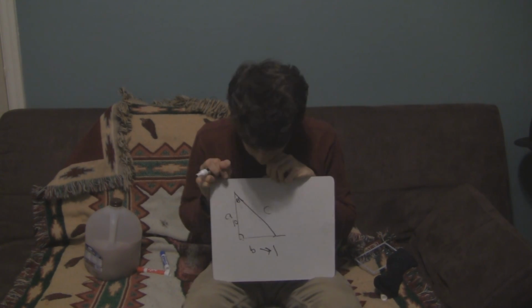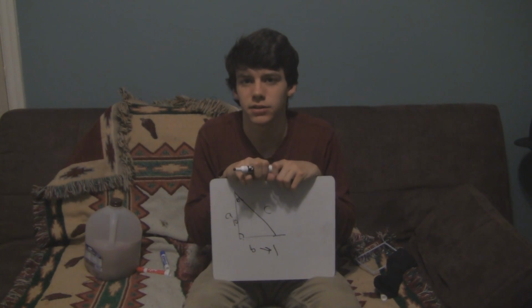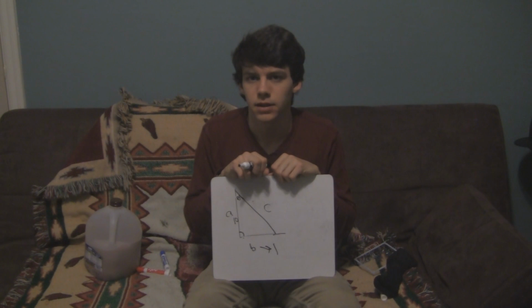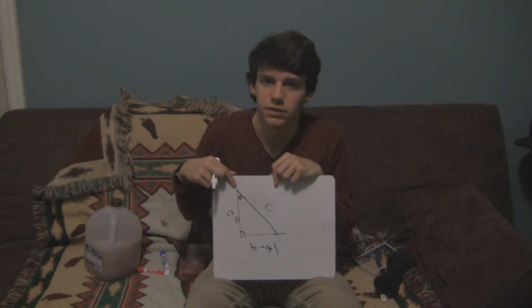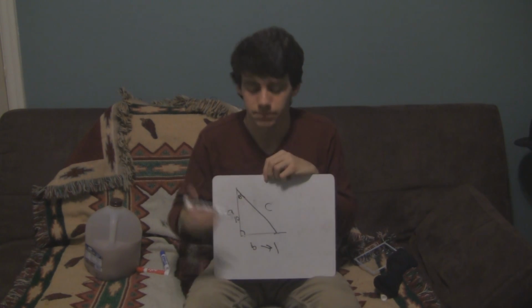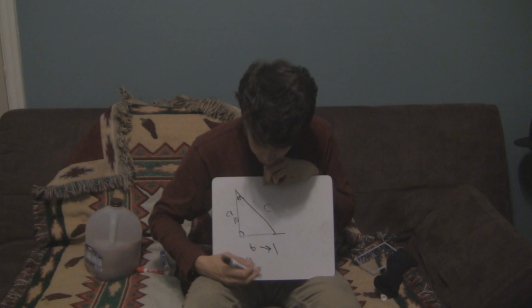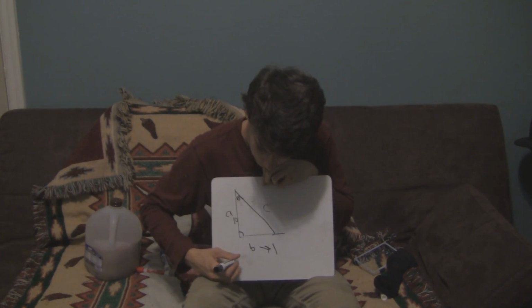Your first step in this, again, is to try to figure out what you're trying to find. And that would be how fast this angle right here is changing, meaning theta prime.